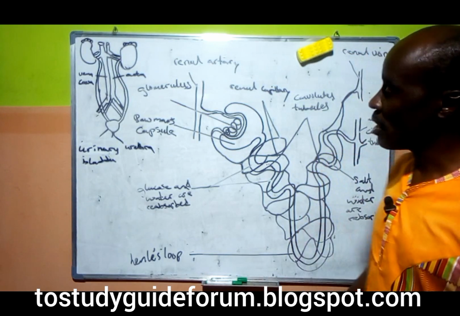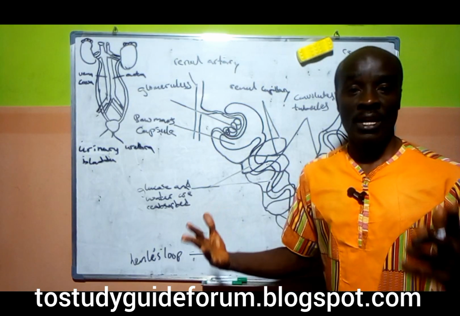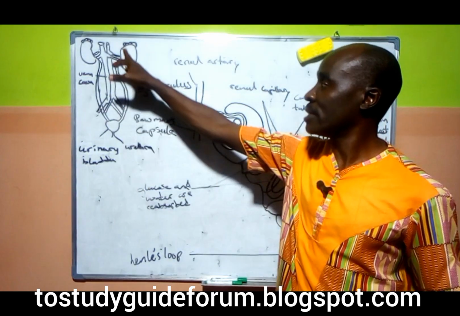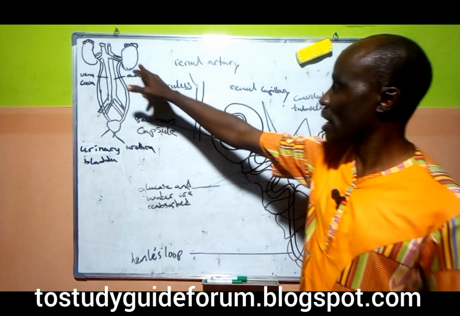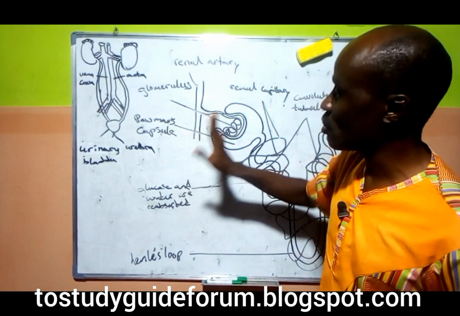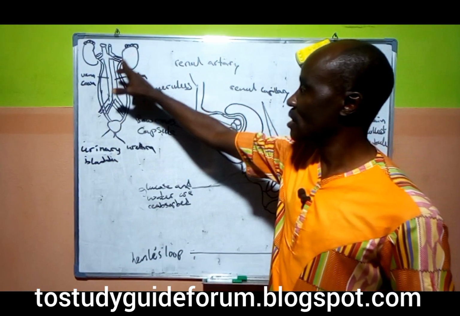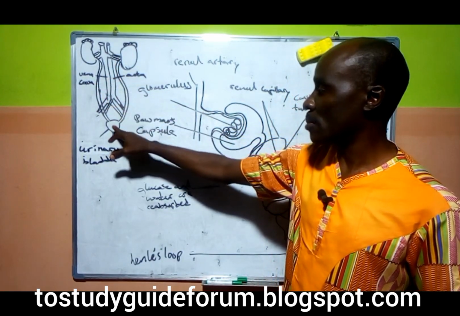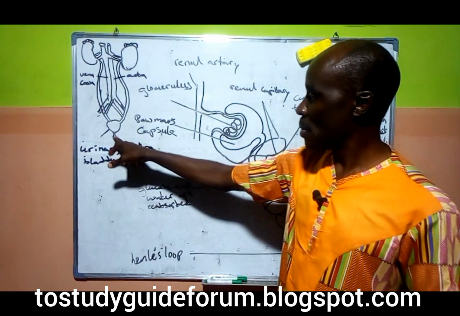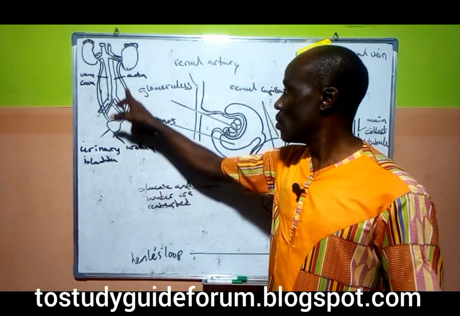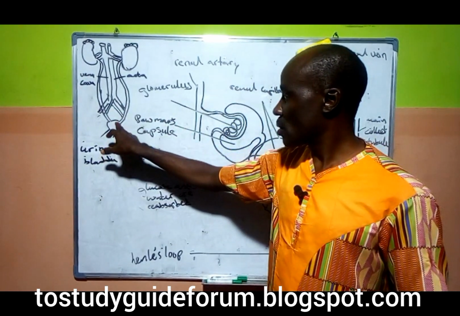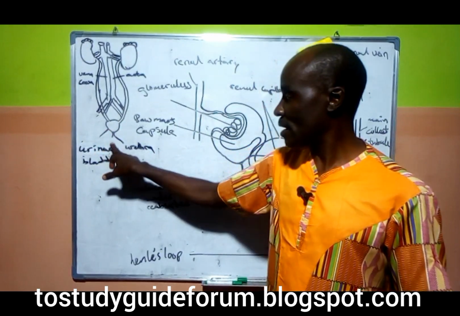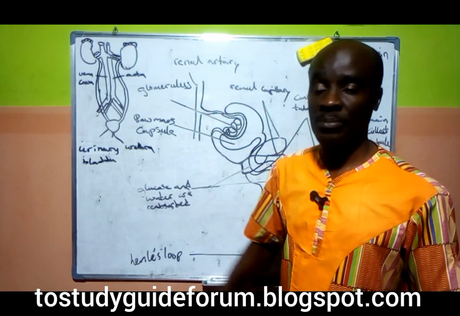From our previous class, we were able to talk about the kidney. That's why I decided to give you a drawing of that to see a clear picture of what it's like. From the kidney, this is the ureter that joins to the urinary bladder, and then you have the urethra where the urine passes through.